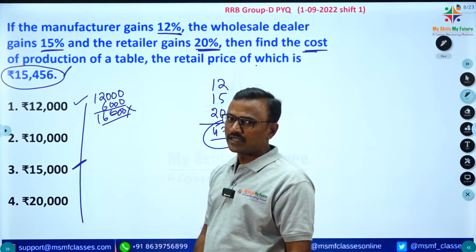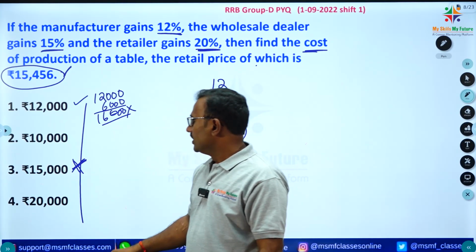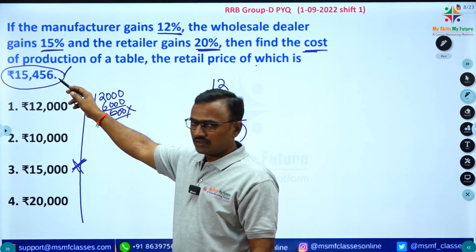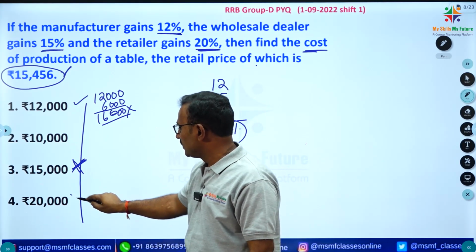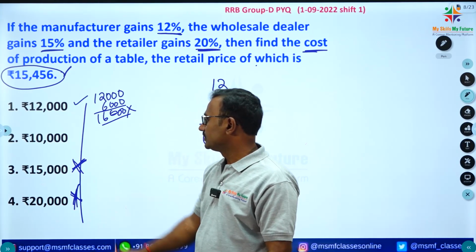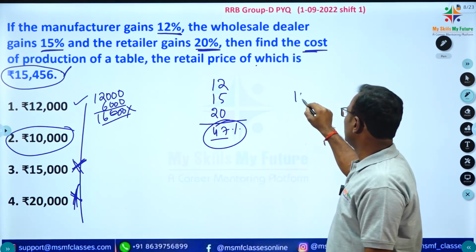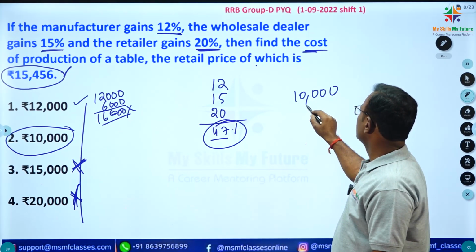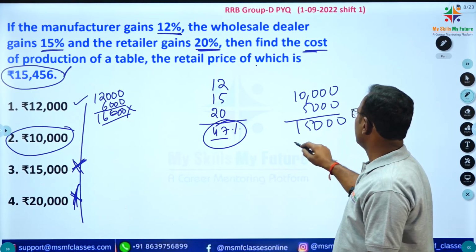If we see option 3, here the cost of production of the table is 15,000. If we add 50%, it goes to 22,000 something, so this is also not correct. Here the retail price itself is 15,000, and here the cost of production is itself 20,000, so damn sure it is not. If we go with option 2 and just add 50%, we get approximately 15,000.